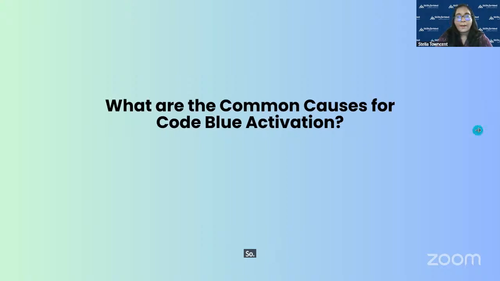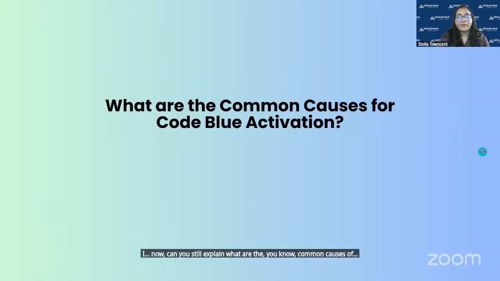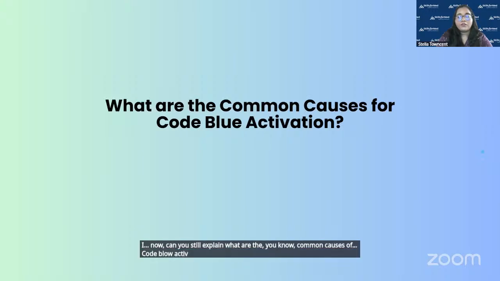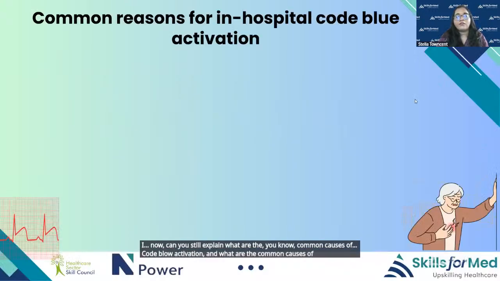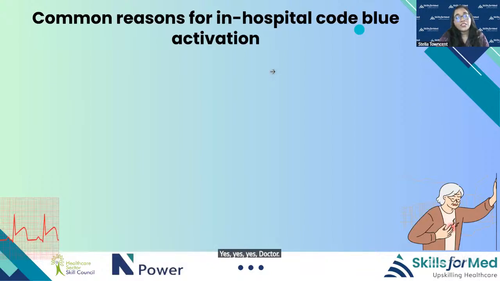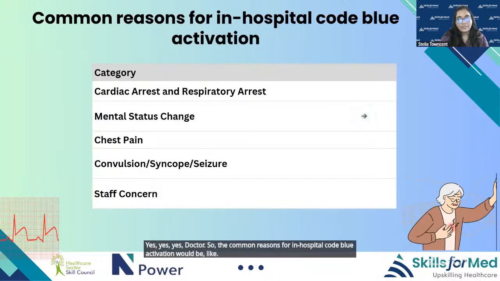Can you explain what are the common causes of code blue activation and the common causes of cardiac arrest that we see in hospitals? Yes, doctor. The common reasons for in-hospital code blue activation fall into various categories.